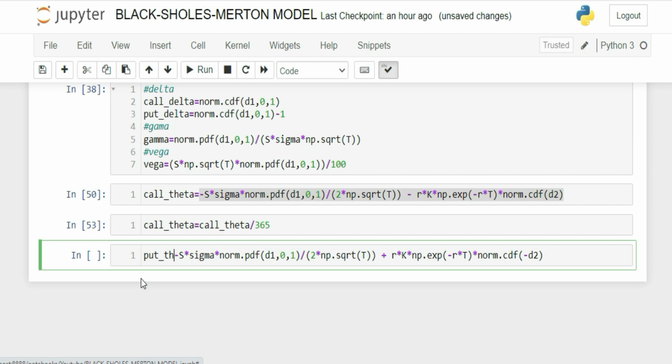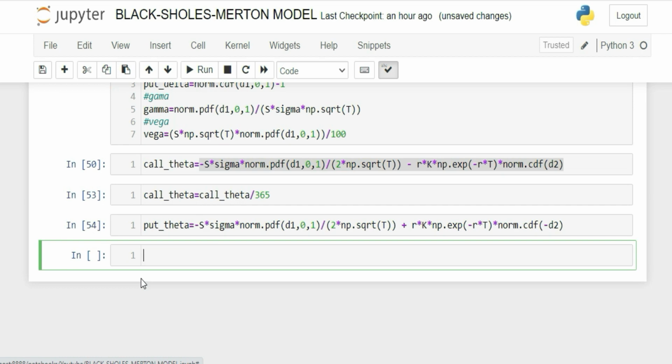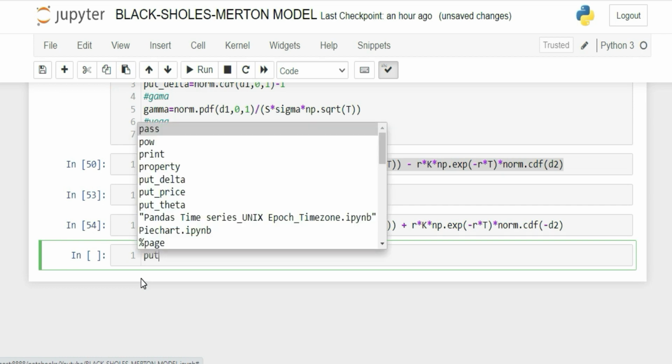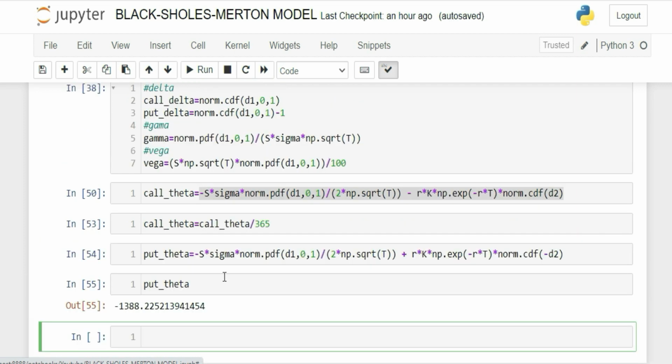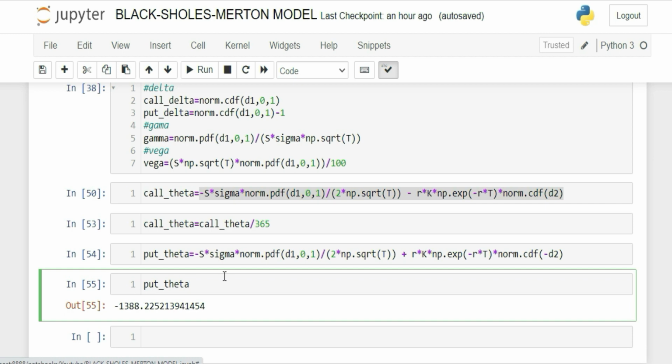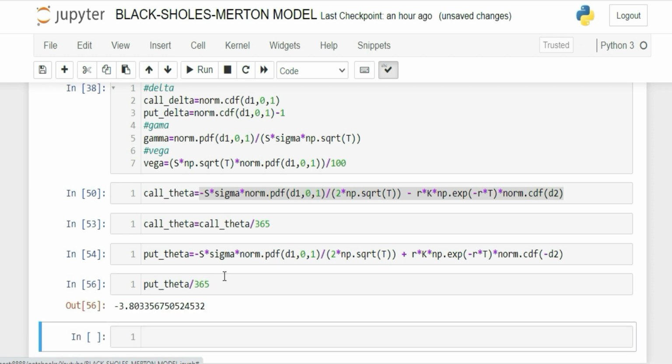So this is my put theta. The put theta divided by 365 is minus 3.80.